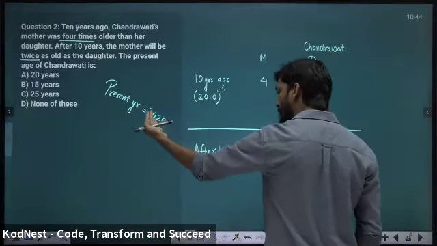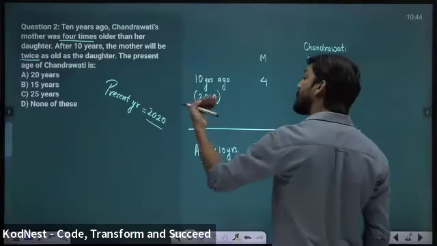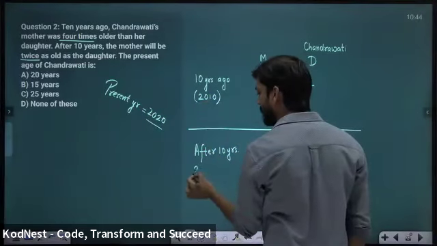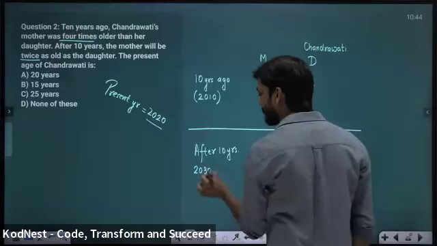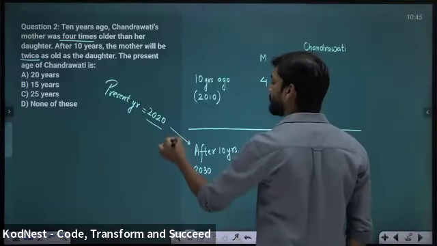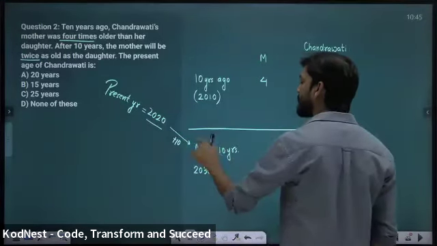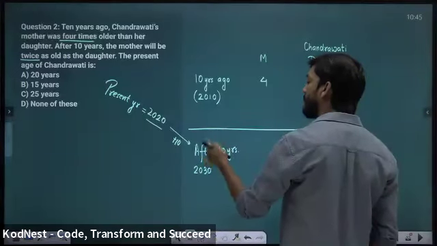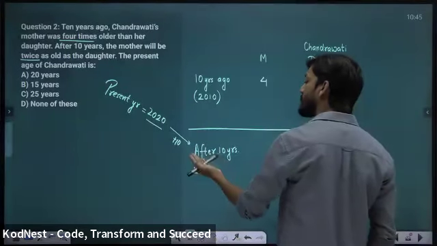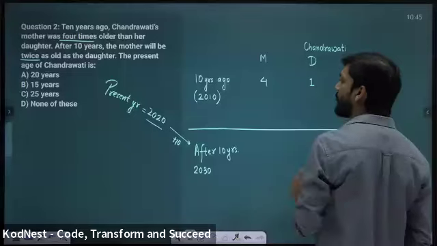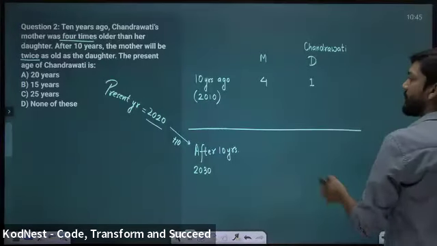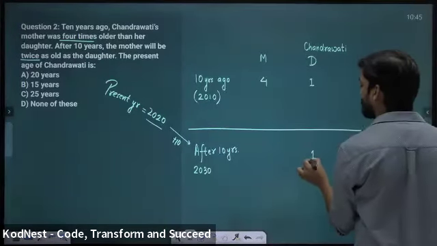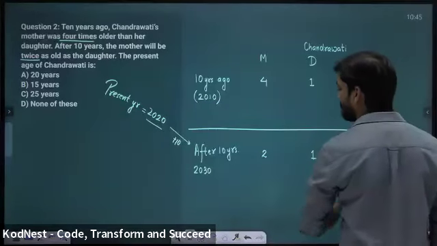Present is 2020. So after 10 years with respect to present, 2030. Always, it means after present time. After 10 years, that means 10 years after present. So 30, not 20. Okay, twice. If daughter is 1, then mother is twice. 2 times.